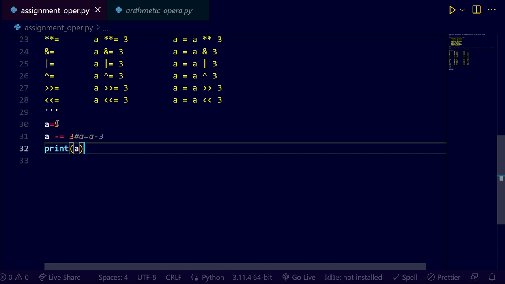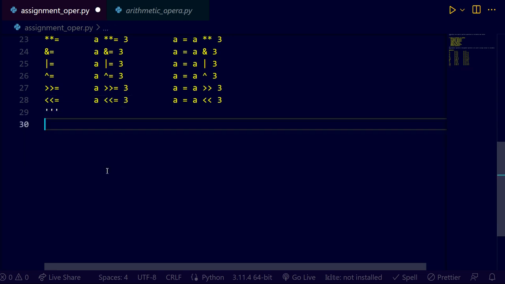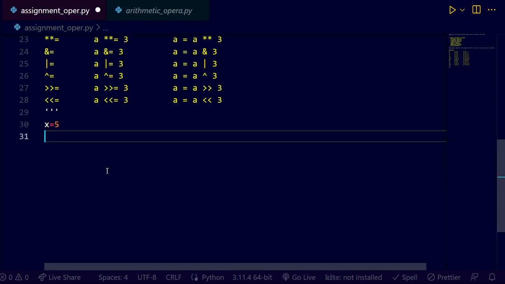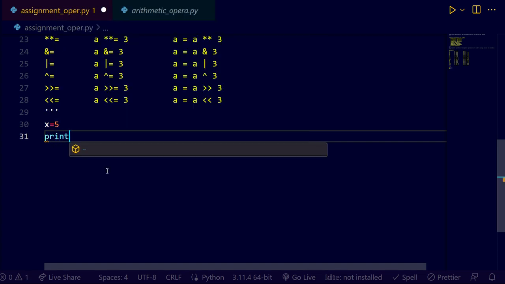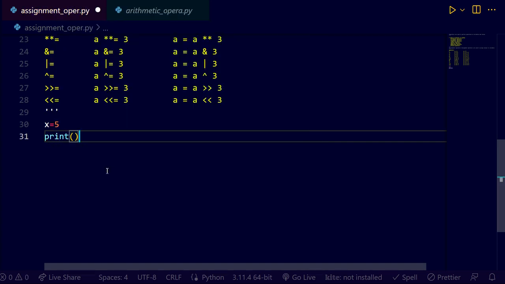Next, for example, I will remove this. Take x equals to 5. Next, I want to print directly x star equals to 5.